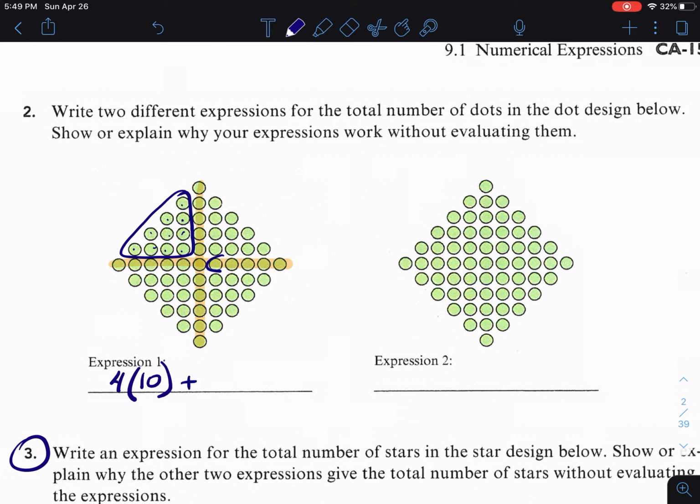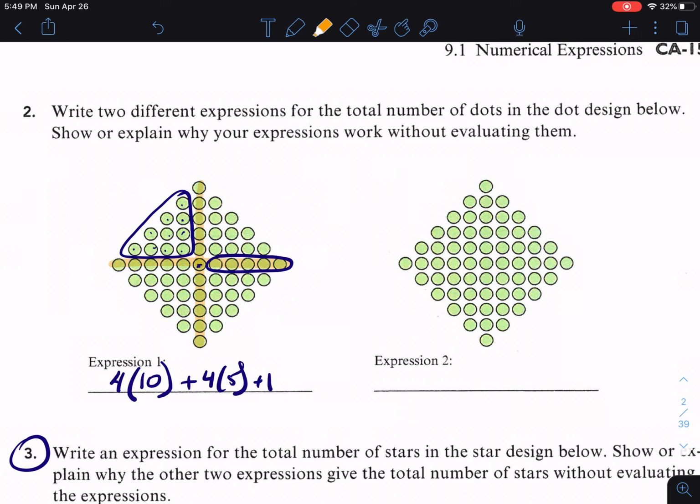Plus, there are 4 of these, 5 dots each. And then there's that one in the middle. Does it make sense where each one of these numbers comes from? There are 4 regions of those triangles, 4 little pieces to the cross, and then there's one circle in the middle of the cross. Okay, so that's one way to look at it.